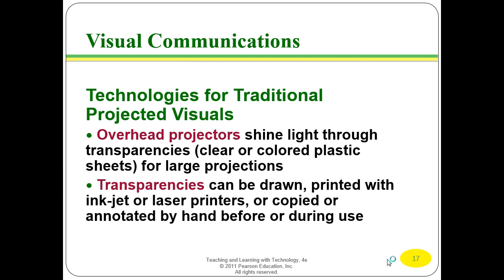And we would create transparencies, which we would either draw or print with inkjet or laser printers, or we could copy them or create them by hand before or during use. I remember just having clear acetate sheets where I would sit down and write like I would on a chalkboard on the overhead projector.